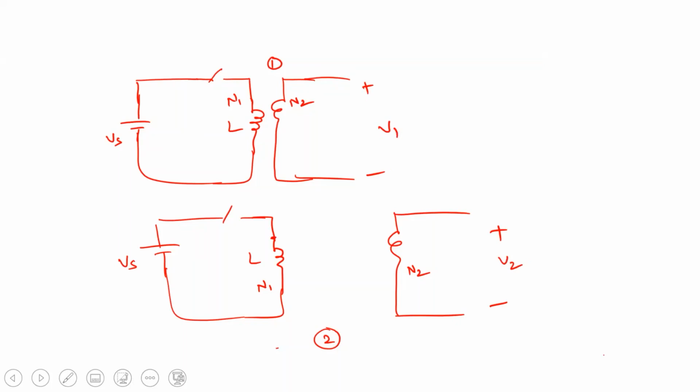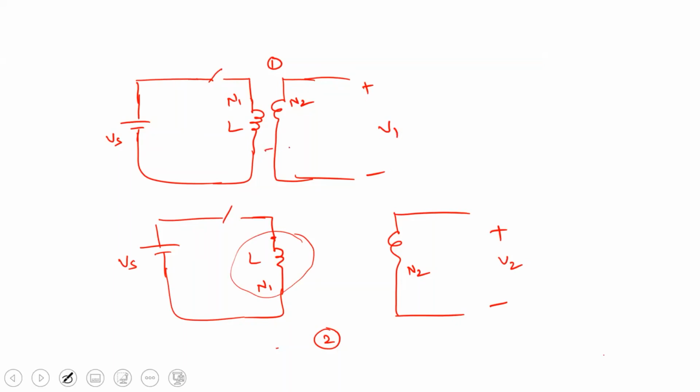In the second one, the flux linked with the other coil will be less in comparison to the first circuit. When the current in the coil is changing, it produces some flux, and how much of it is cut by the second coil determines the EMF induced in the second coil.